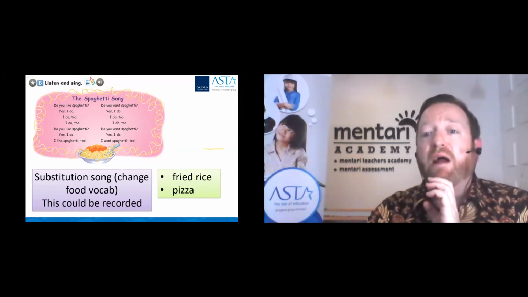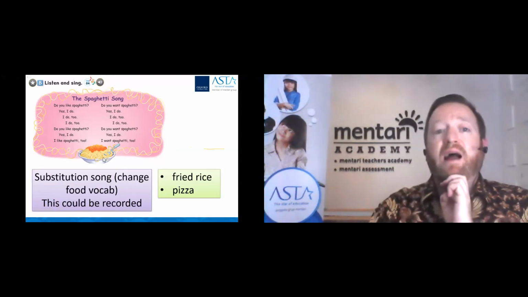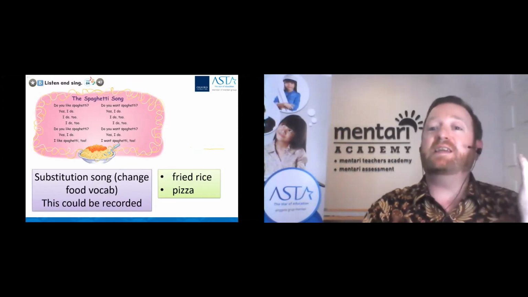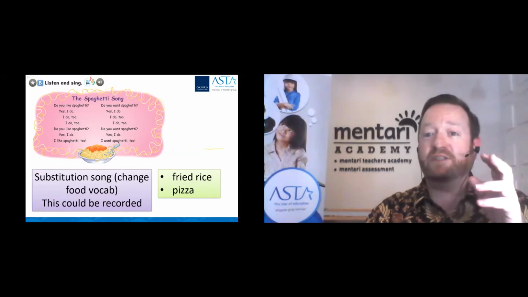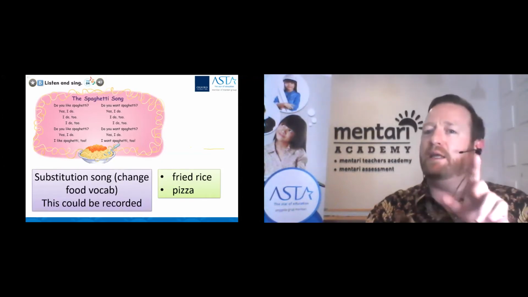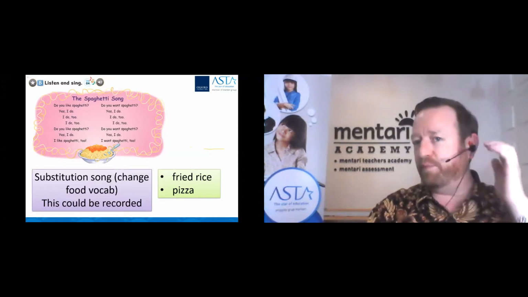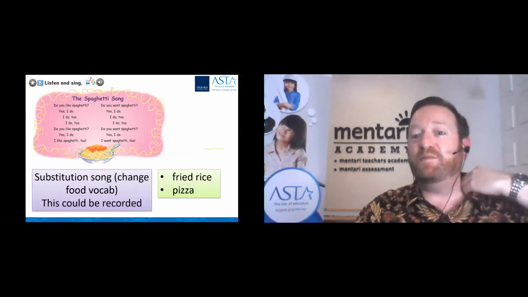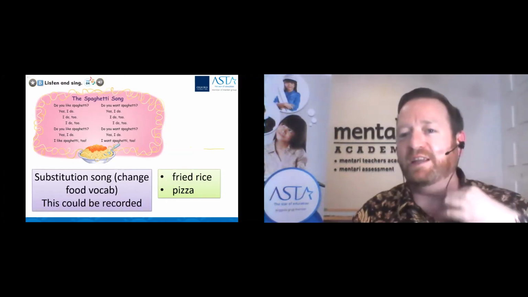With upper primary, the first thing I would do is change the song into a gap fill activity. That would be my first choice, because for upper primary, just listening and reading to a song can be a little bit boring. So first, check the Oxford website for the videos that you can watch for free and download.